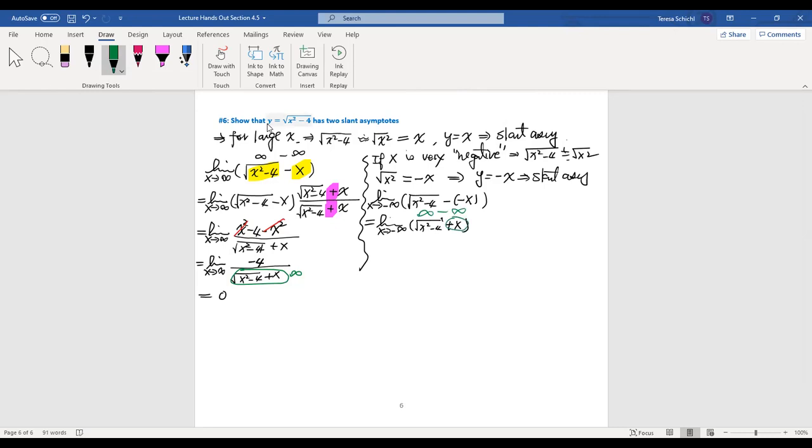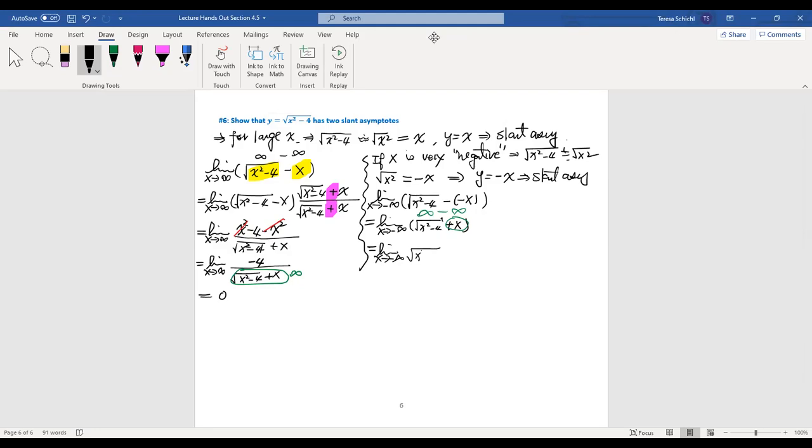So it's indeterminate, and we use the same method, multiplying by the conjugate.